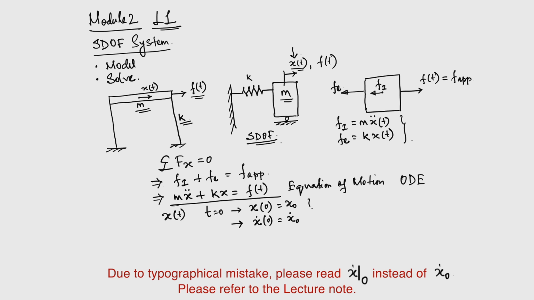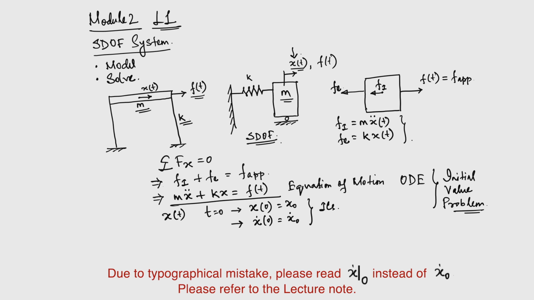These are the two initial conditions, and hence this is called an initial value problem. So, the moment we identify the equation of motion, our task is to solve this differential equation, and the moment we do that, we can easily identify the response when we apply a force f of t.